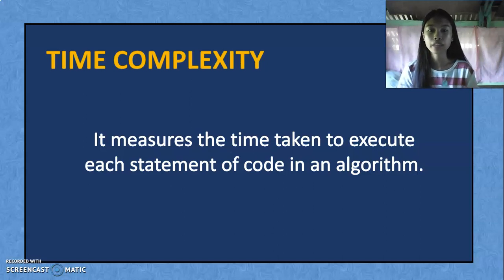For example, there is 10 elements, 1, 2, 3, 4, 5, 6, 7, 8, 9, 10. The question is, paano mo mahanap yung number 10 in that given element? So, magkakaroon doon ng execution. It's like sa halip na isa-isahin yung mga numbers, merong given formula para mahanap yung number na yon.